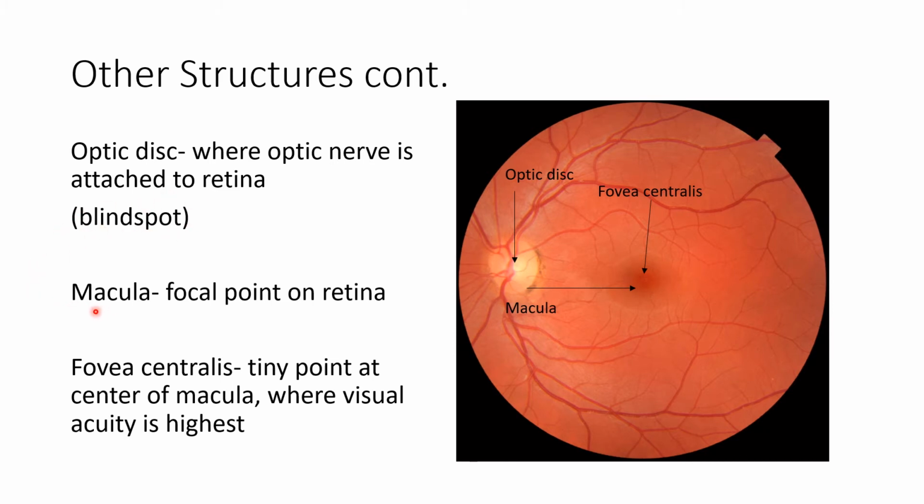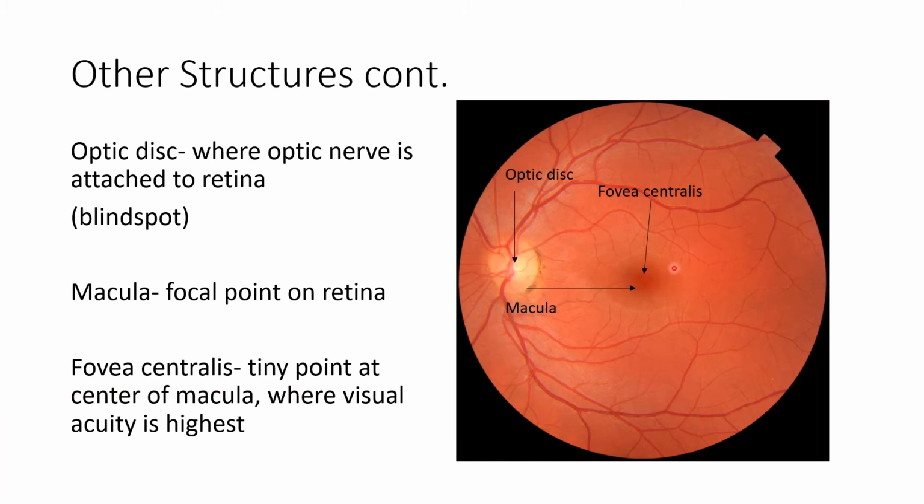Then there is the macula, which is a point on the retina where your vision is most focused, and so the light focuses on the macula the best, and this is where the majority of the sensory reception is taking place. And then there's a little structure called a fovea centralis, and it's just a teeny little spot.